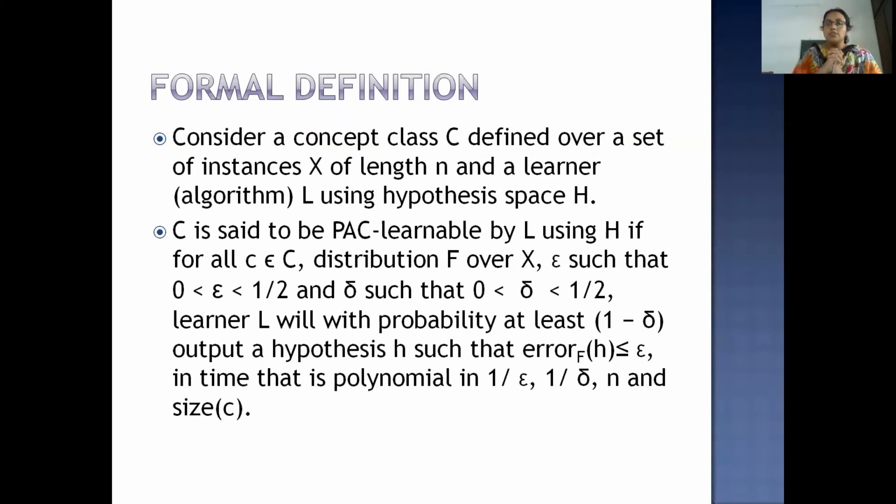And size C is given, n is the size that we require in the space to get this error epsilon and confidence delta.